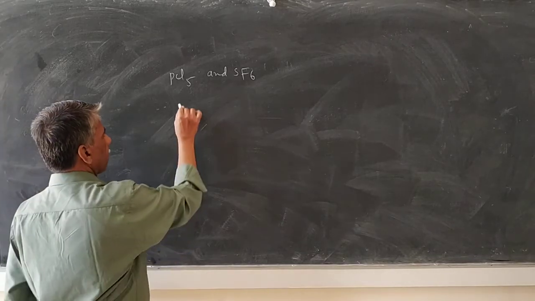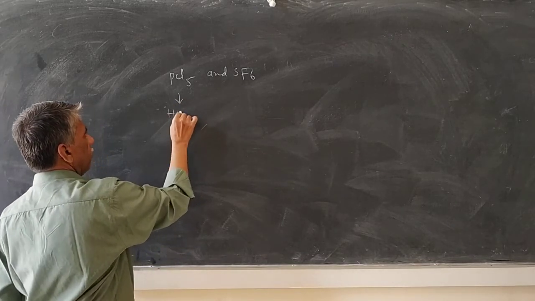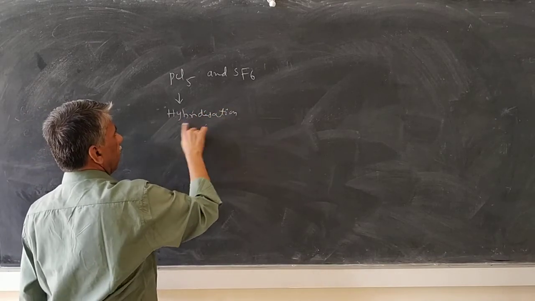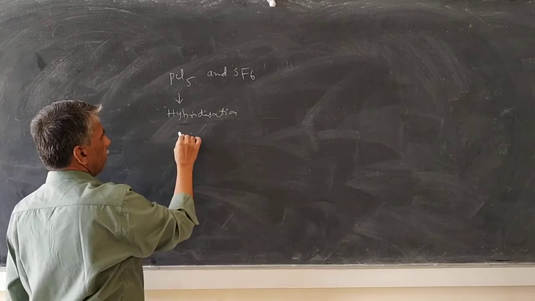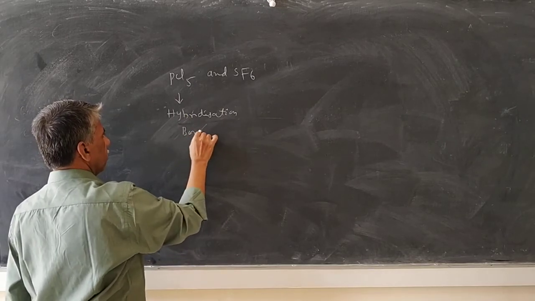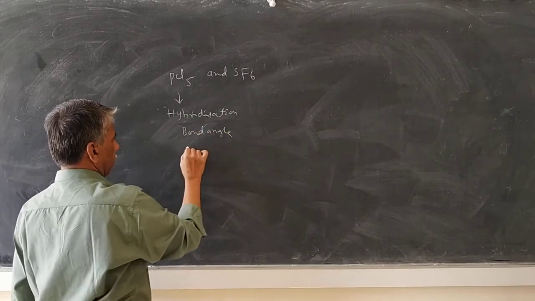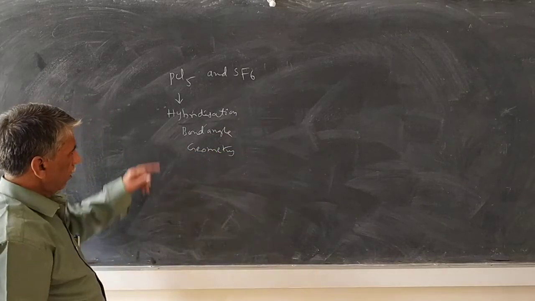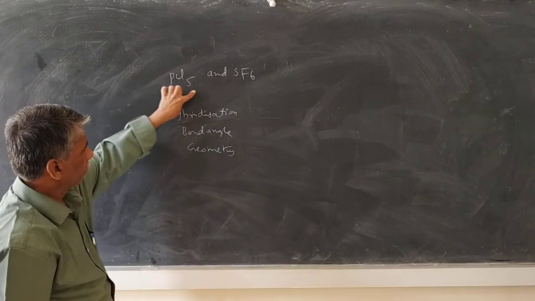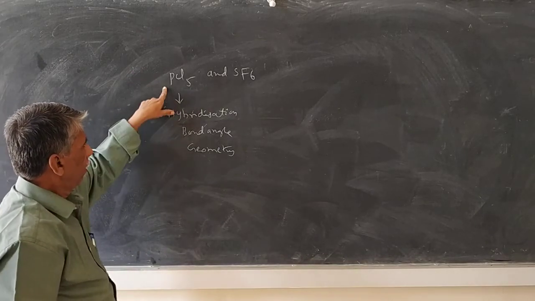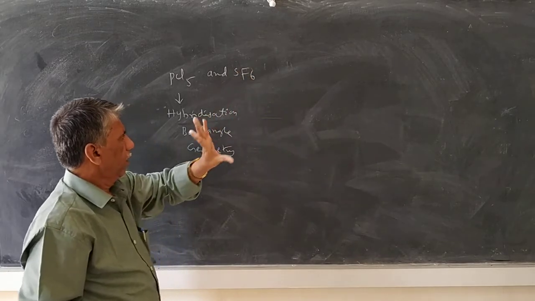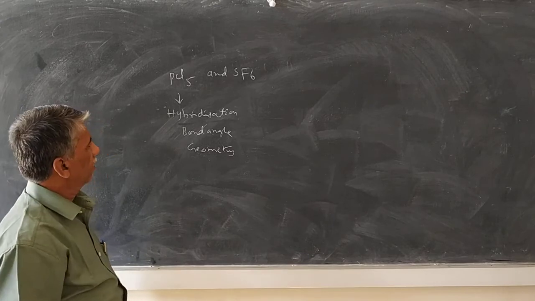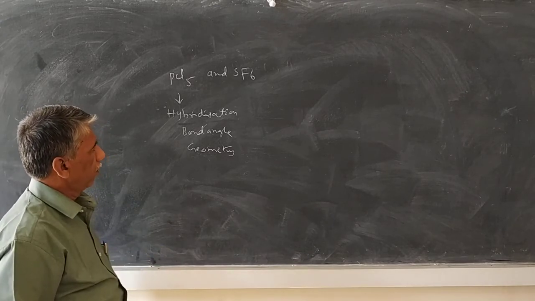Please mention what hybridization is involved in each molecule, what its bond angle is, and what its geometry is. Explain all these three with respect to the PCl5 molecule and the SF6 molecule. So this is for homework, and in the next class I shall go for some more topics.